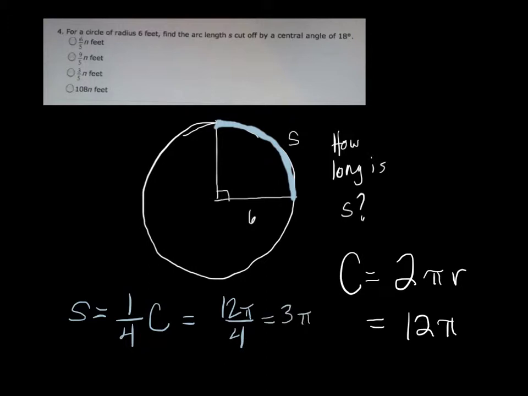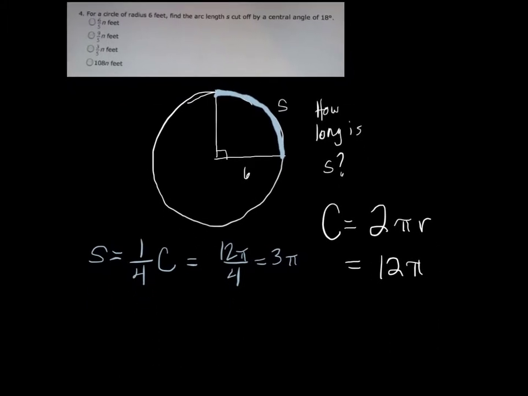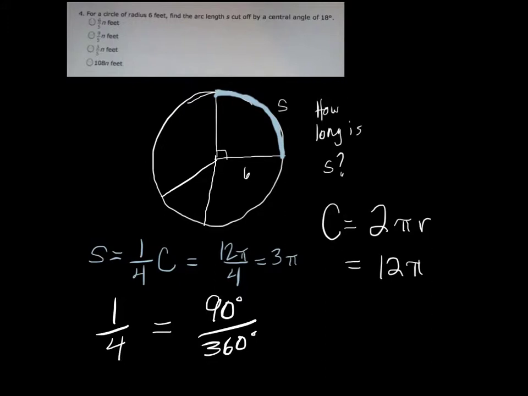Okay, how can we get that fraction 1/4 in a systematic way? Well, if you think about it, 1/4 is 90 degrees over 360 degrees. In other words, if I put any angle here, and I wanted to find what the arc length was that corresponded to that angle, this arc length right here.